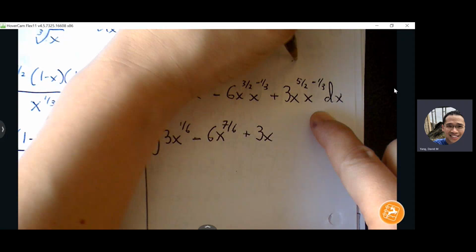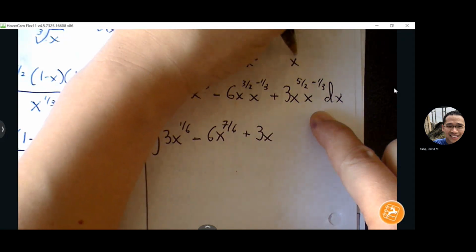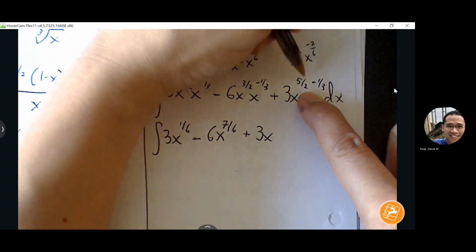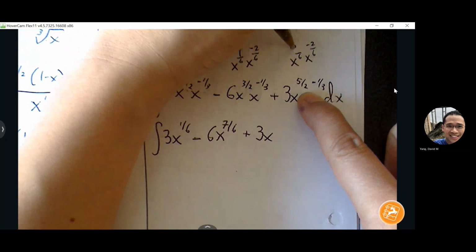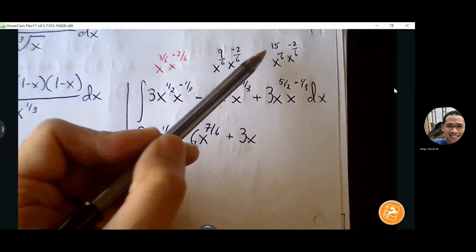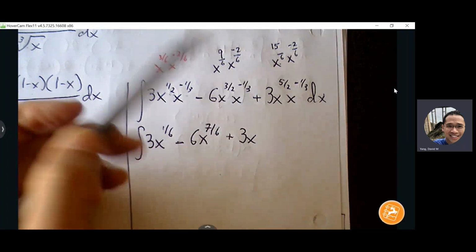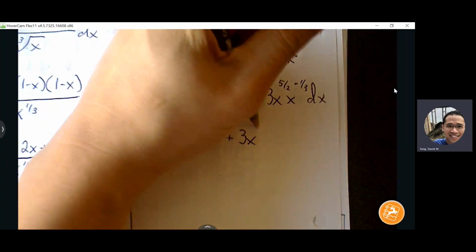Okay, again, common denominator. 15/6, the same thing as 5/2, right? 2 times 3 is 6, 5 times 3 is 15. So 13/6.